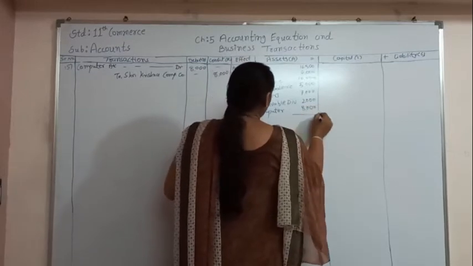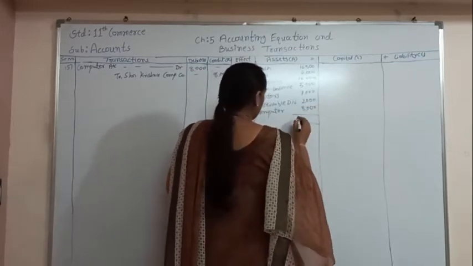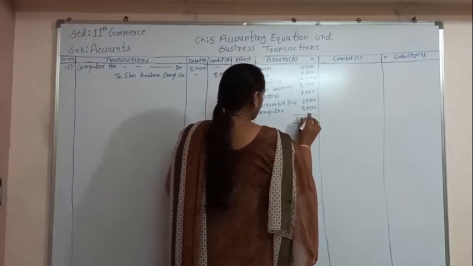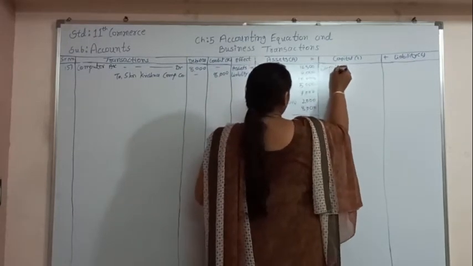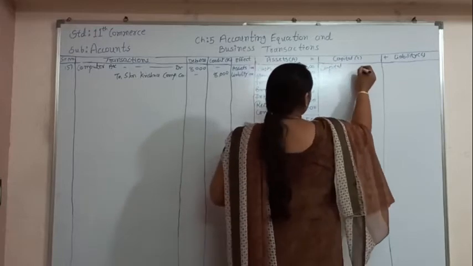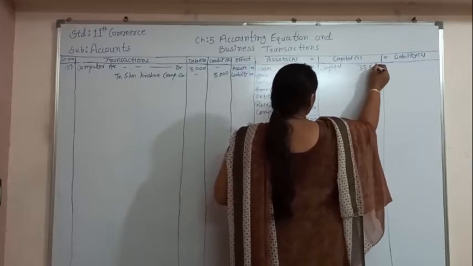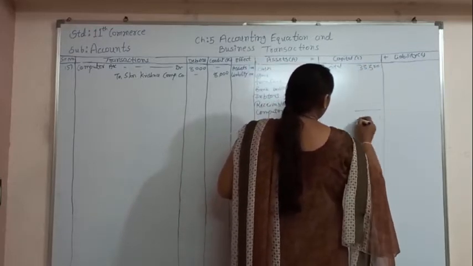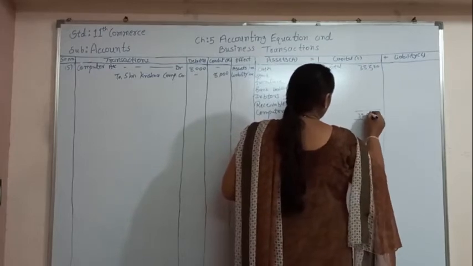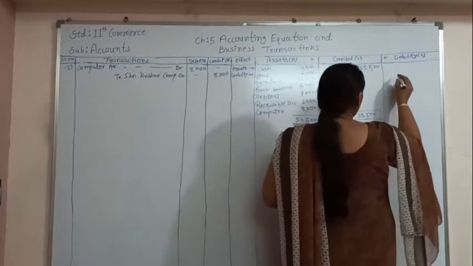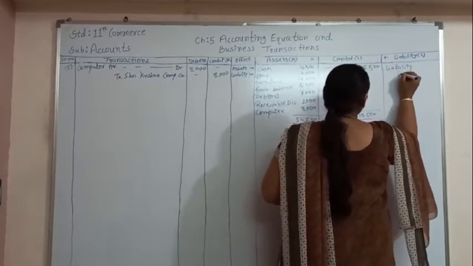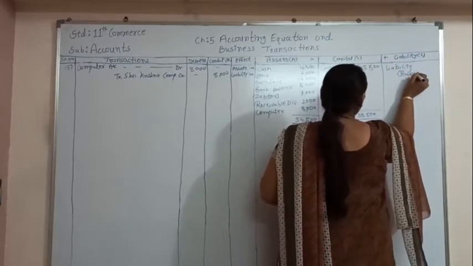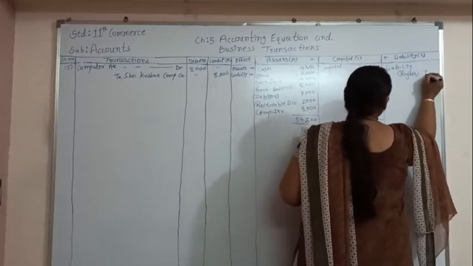So for that, now let's make the total of this. It will be 54,500. Now let's see the capital. So capital is of rupees 38,500 and liability. In the liability of Rajesh will be 7,000.